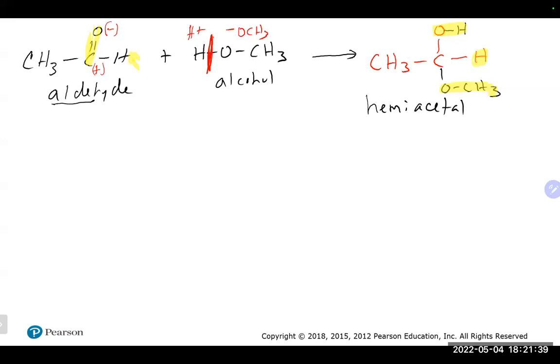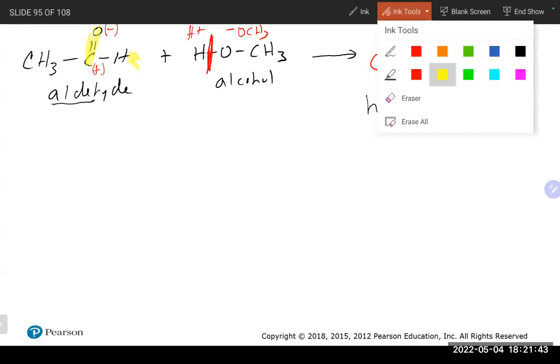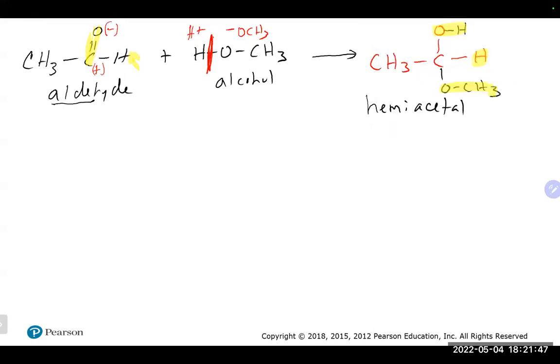So sometimes what happens in these cases, or a lot of times in these cases, is you don't add just one alcohol to it, but you actually add two alcohols to it. It could technically be two different alcohols, but we'll just continue on. So what will happen now is this hemiacetal that's already absorbed an alcohol can now continue to react with one more alcohol.